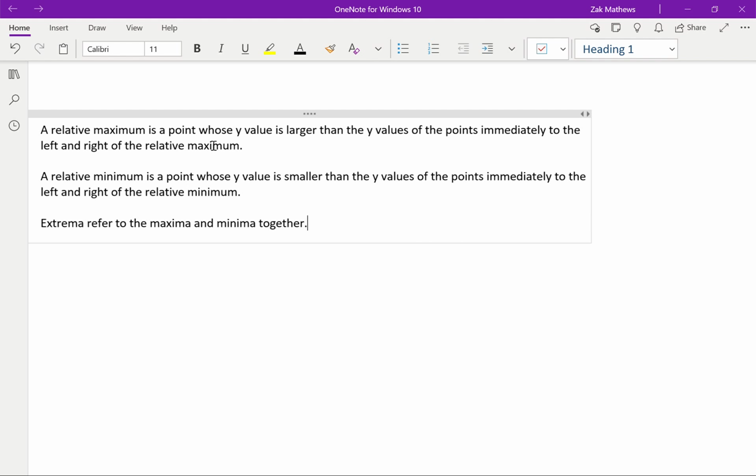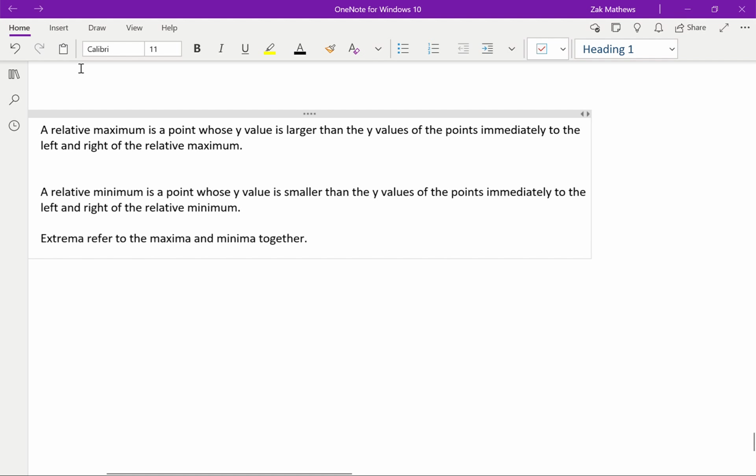Now, why did I talk about increasing and decreasing first? Well, that's going to play a very valuable role in these maxes and mins. A maximum is going to occur at one of two places. One place is where a function transitions from increasing to decreasing.